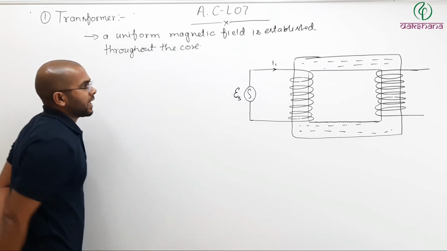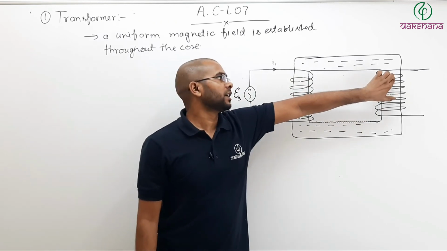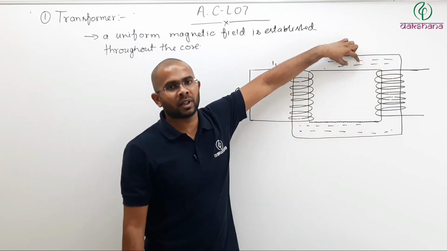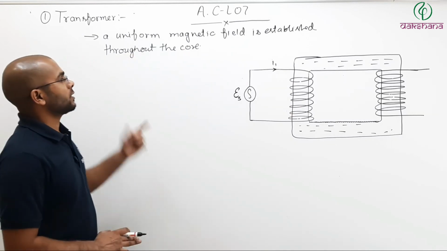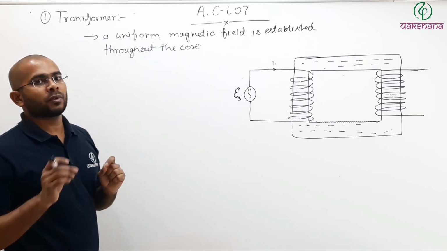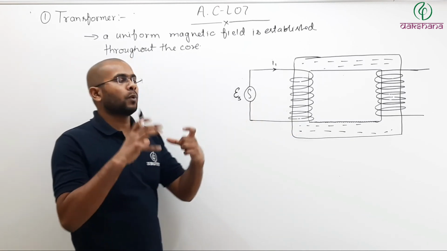So through this entire core, here also the same magnetic field, here also the same, everywhere the magnetic field is the same. Throughout the soft iron core, the same uniform magnetic field is established because this entire core is one material.